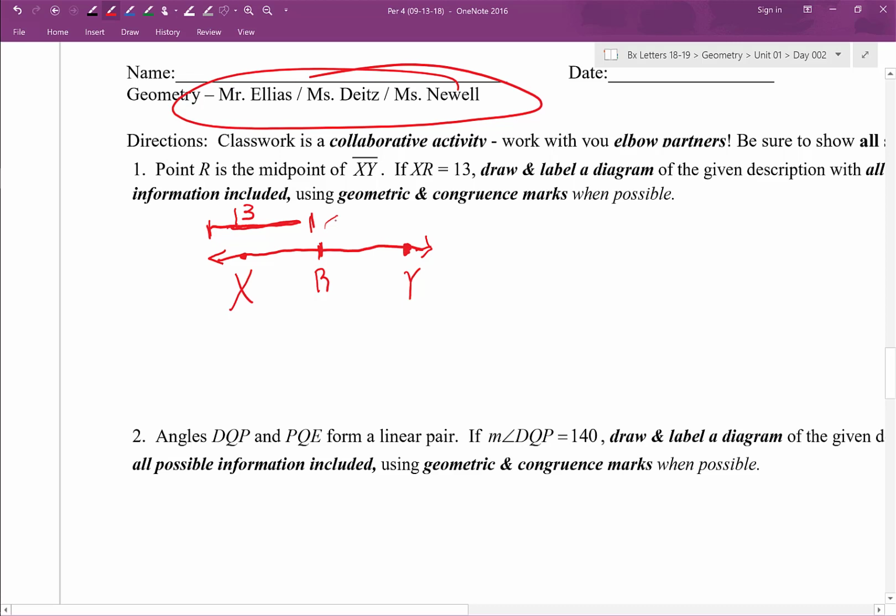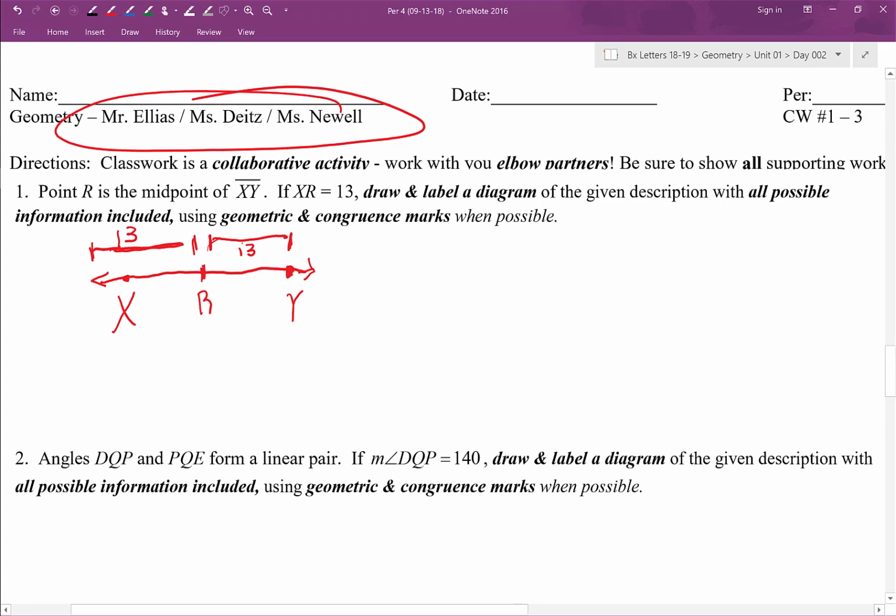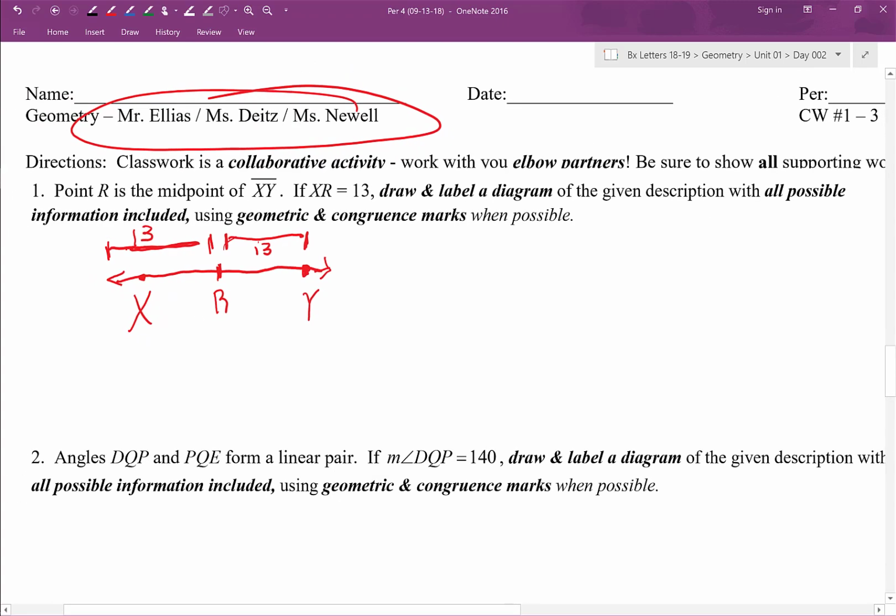So draw and label diagram. They give me this picture. So the next one is that this part will be 15 as well, right? I don't know. So you should show all the information on label diagram.